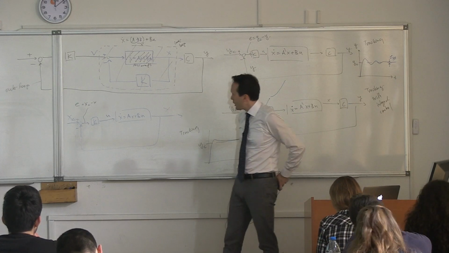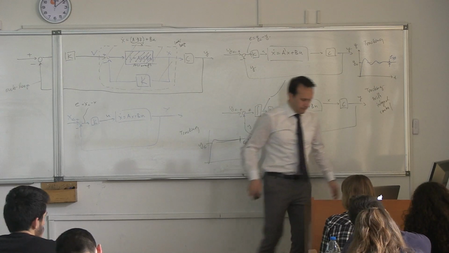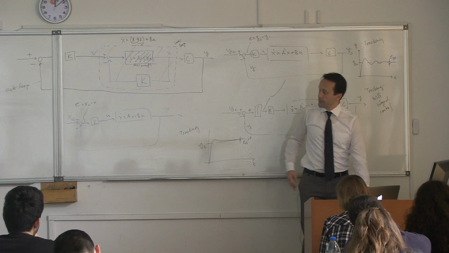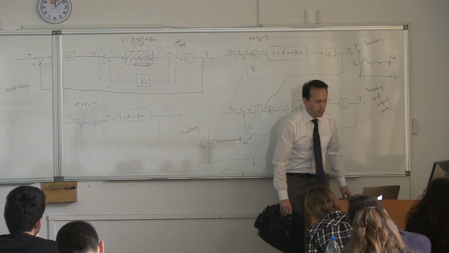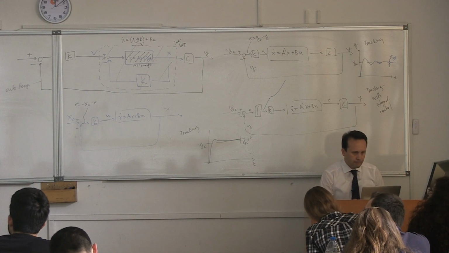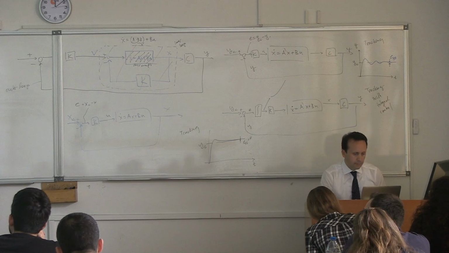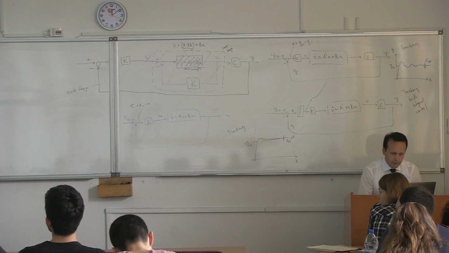Okay? So these are the architectures I would like to show you. And the way I will start here is with, I'm going to show this, of course, in MATLAB Simulink. So I will start with this example here.